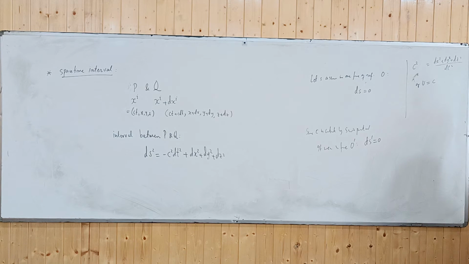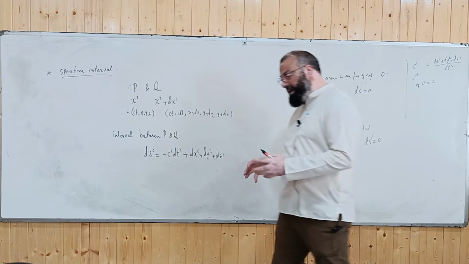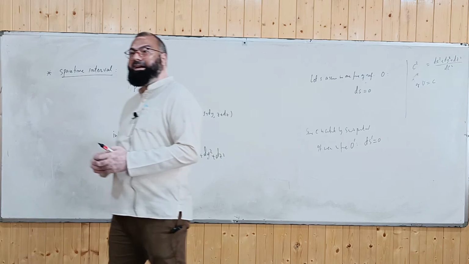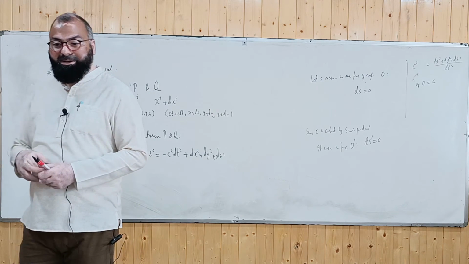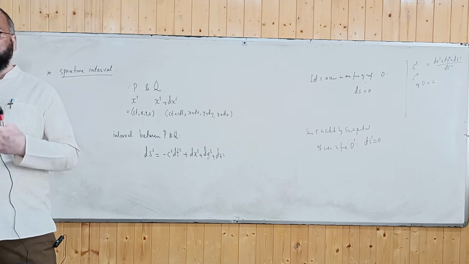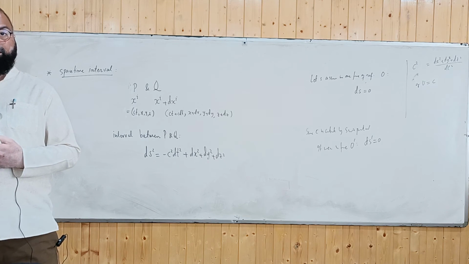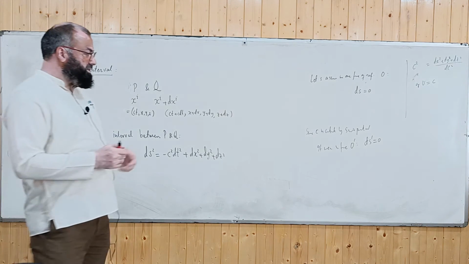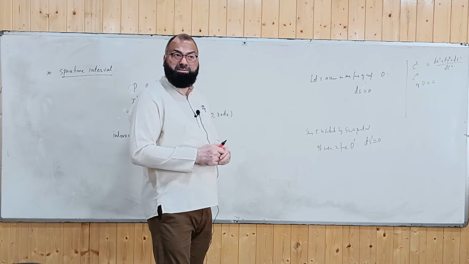So if the interval vanishes in one frame of reference, it vanishes in another frame of reference. That means the value of the interval is the same in both frames of reference. Got it? This is one of the conditions which will be useful.